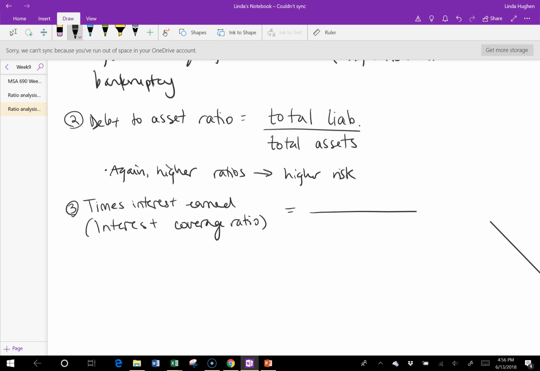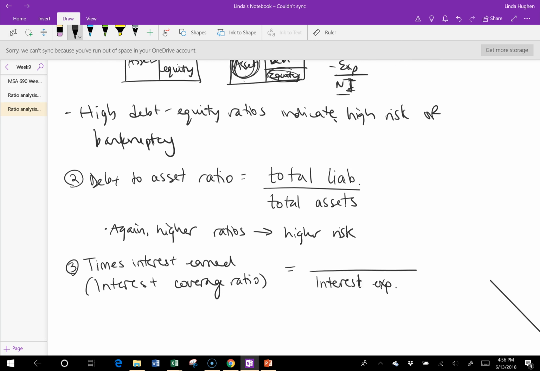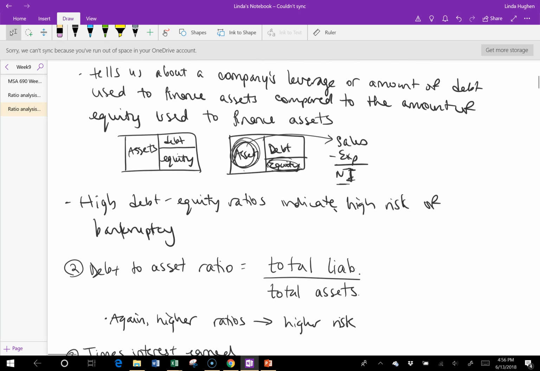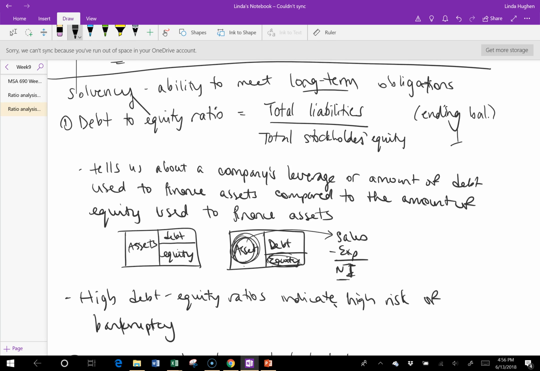So we are saying how many times greater than our interest expense, because remember, what are the debt holders interested in? They're interested in two things: repayment, and what do you have to use to repay our debts? Use our assets, or compare the method of financing, compare the liabilities to the equity.